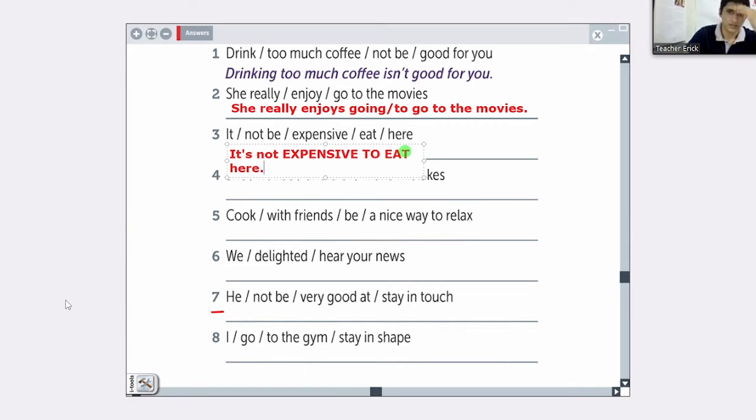Okay. So we are going to do it together. If you have any question, let me know, please. Lo vamos a hacer juntos. Ya, si tienen dudas, pregunten, por favor. Number 4. She not be afraid of make mistakes.